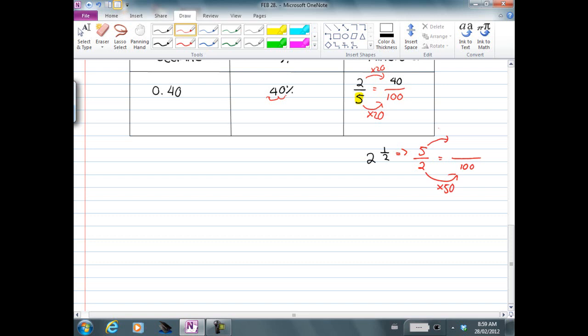And I times this by 50 gives me 250. Okay. So Sufyan, what's 250 over 100? What percent is that? If you get 250 over 100, what's your percent going to be? 250%. So guys, gals, this is 250%.